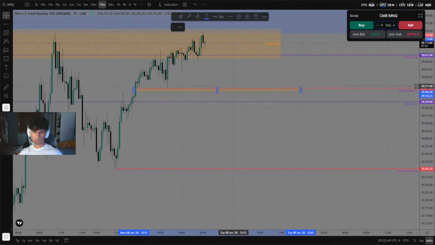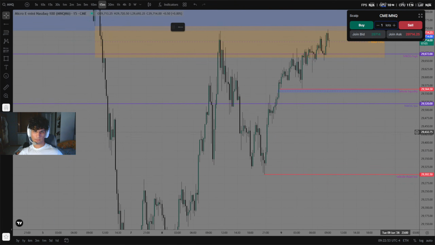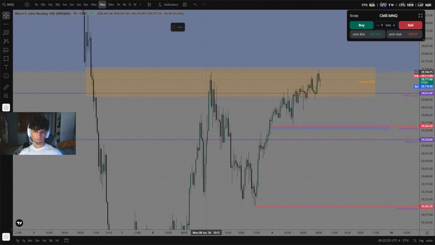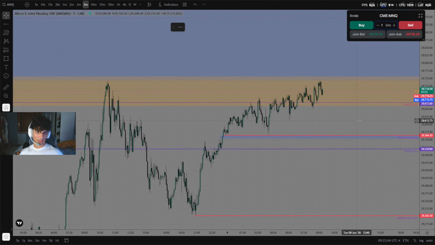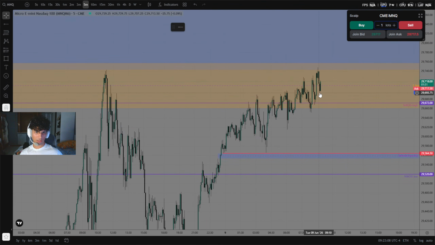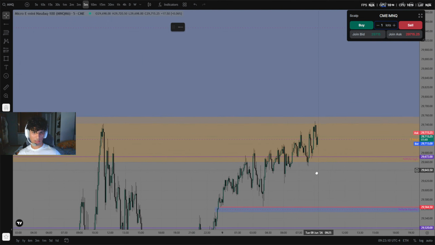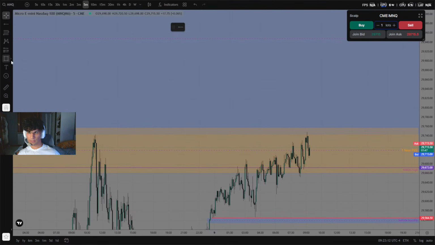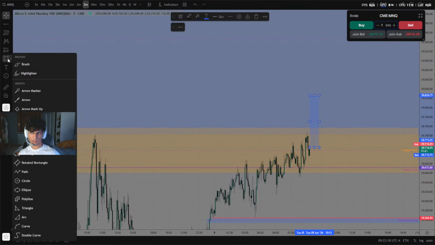In the 5-minute, price is seeking liquidity to the upside. Maybe I'm expecting some expansion like this, and then reversal.